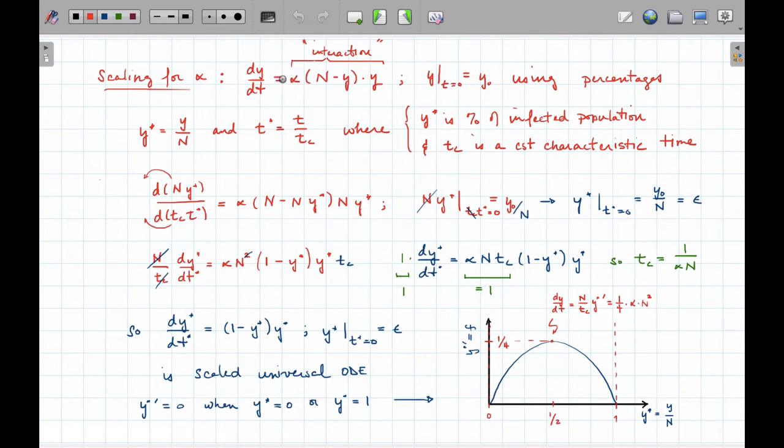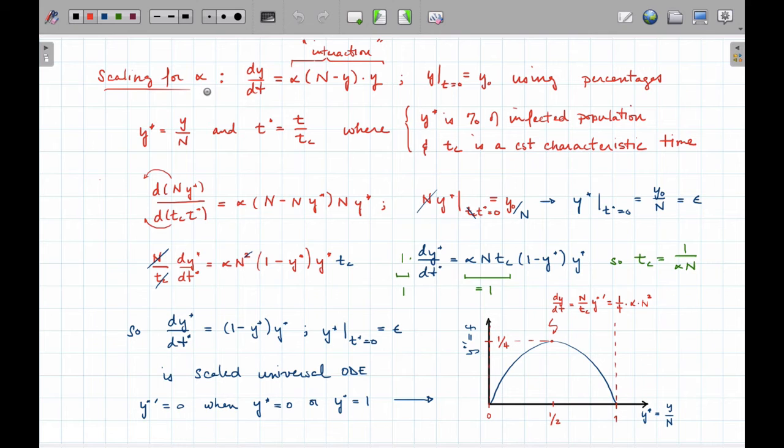So to get this kind of meaningful understanding of alpha, we really need to scale our problem. Bear with me, this is a new technique, but it's something that we're going to be using even in our project. So we have our initial condition and our differential equation, and in these we've got three parameters, alpha, n, and y naught, but only two variables, y and t.